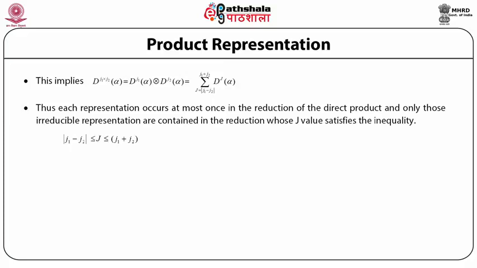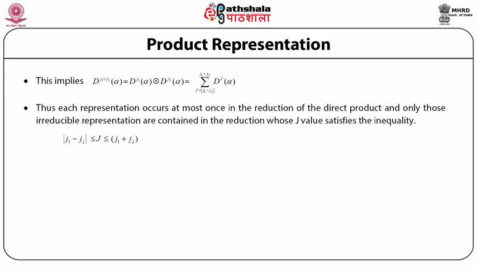Thus, each representation occurs at most once in the reduction of the direct product, and only those irreducible representations are contained in the reduction whose j value satisfies the inequality that j is greater than or equal to j1 minus j2 magnitude and less than or equal to j1 plus j2.